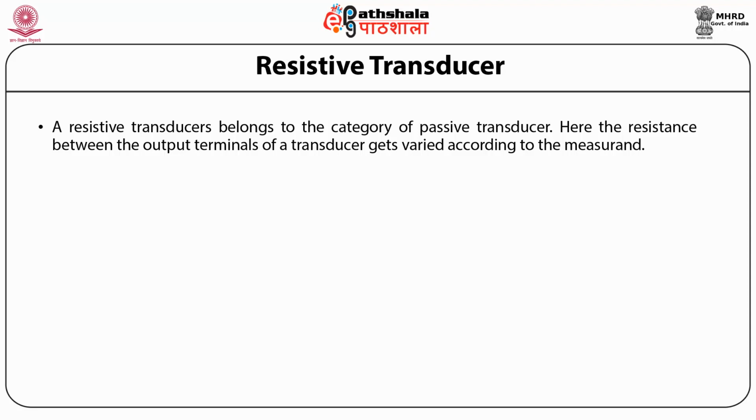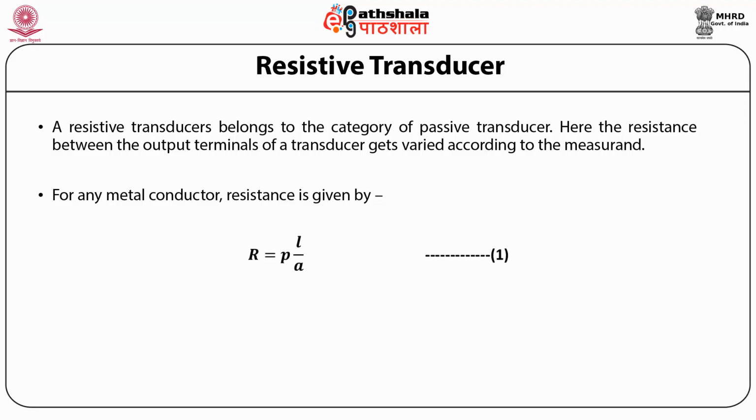A resistive transducer is preferred over other transducers because it can be used in both AC and DC circuits. For any metal conductor, the resistance is given by R = ρL/A.